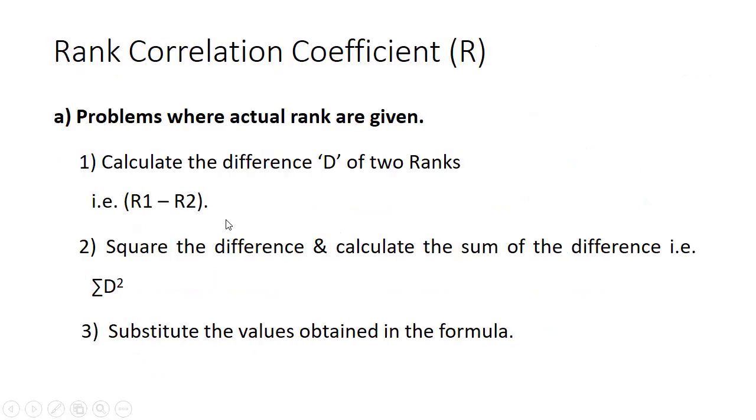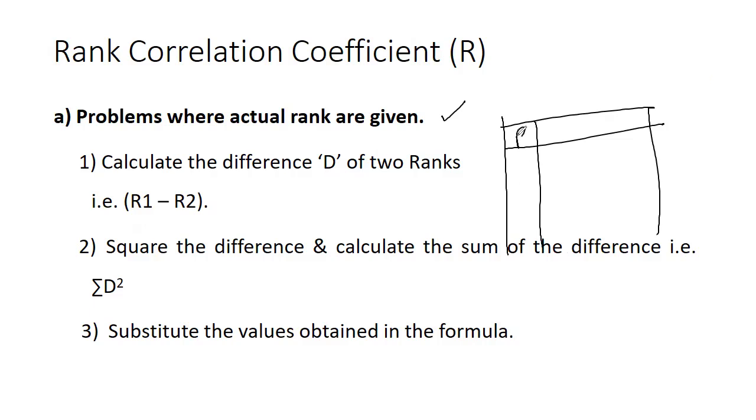Then, I told you there are two types of problem. One is when actual ranks are given, and the second is when actual ranks are not given. So manually you can calculate. There are ranks, this is your R1, R2, and this is the difference. For example, the marks of students in maths and science, these are the ranks.